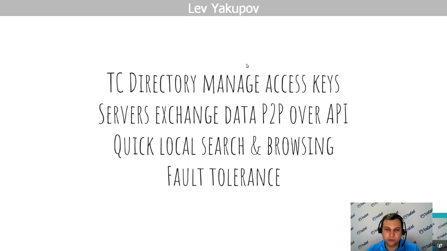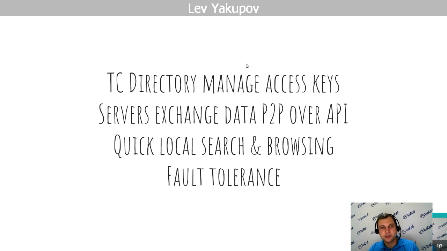Because it provides you quick search and quick browsing. If our directory search window looked up information about third-party users by connecting to some remote directory, it would be slow. So that's why it's important to use peer-to-peer synchronization between servers to provide fast search and browsing.